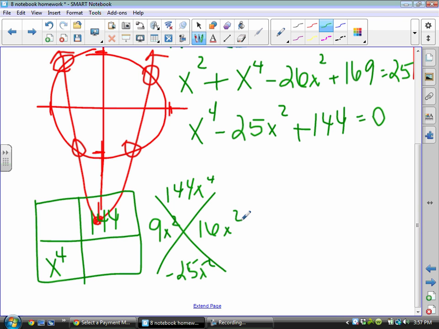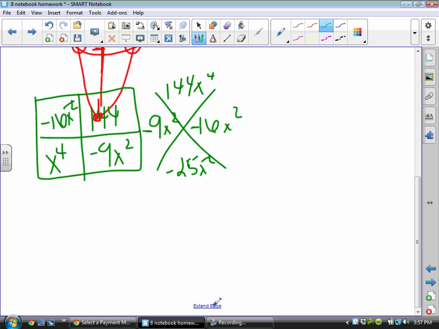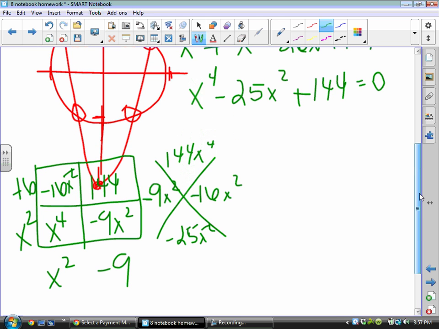Added together those make positive 25, but I need negative 25, so I'm going to put a negative in both, and that still works. So I have negative 9x squared and negative 16x squared. The outsides of the rectangle would be x squared minus 9 and x squared minus 16. So if you want to use the rectangle, you can still solve this.